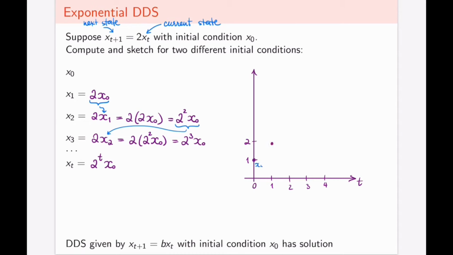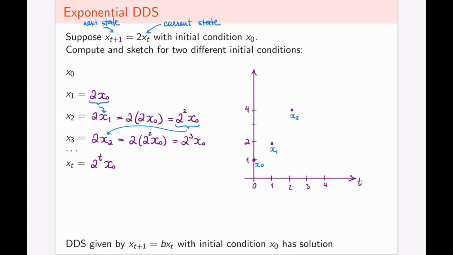So let me label my points here, x0, x1. For the timestamp 2, I'm going to double the previous state, 2, and I'm going to therefore get a 4. 2 times 2 is 4, so at 2 I have 4, and this represents my x sub 2.